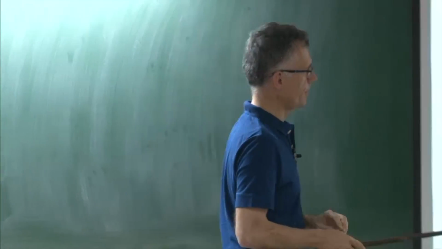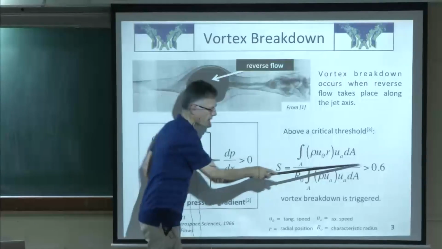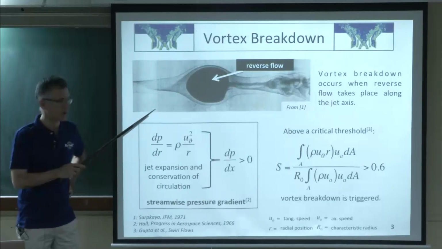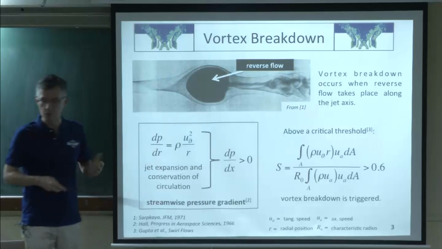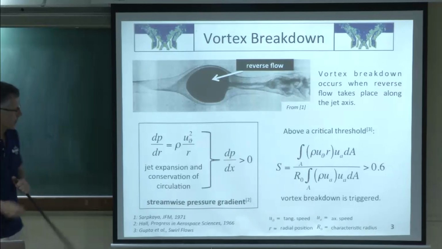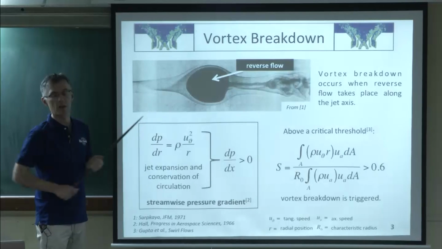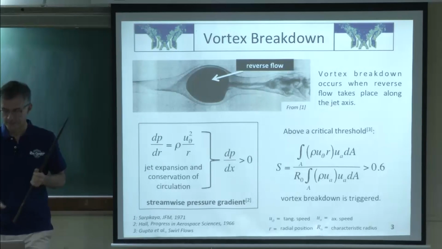And we know that when this number is large enough, then you start creating a zone of recirculation on the axis. And this is what we want for combustion. Now, there are many different topologies for this zone.